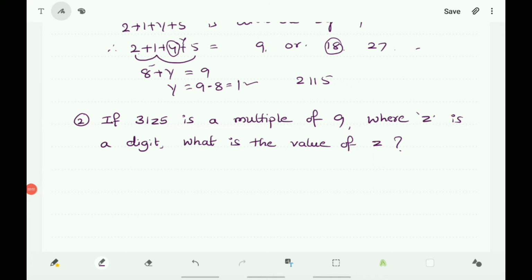Second question, if 31z5 is a multiple of 9 where z is a digit, what is the value of z? Here it is given that 31z5 is a multiple of 9, means it is divisible by 9.